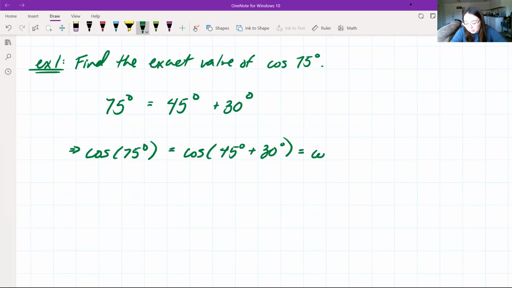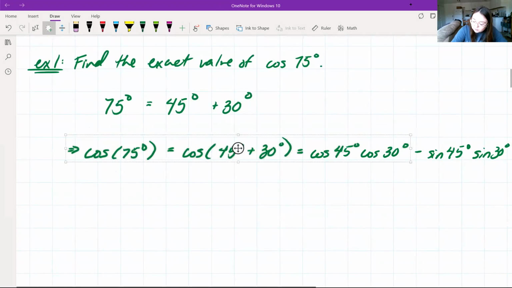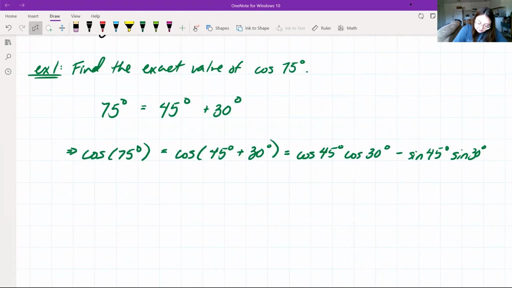So now we say this is equal to cosine of 45 degrees times cosine of 30 degrees minus sine of 45 degrees times sine of 30 degrees. Now that we have this expressed in this way, we're going to scoot this over a little bit so we can give ourselves a little bit more room.